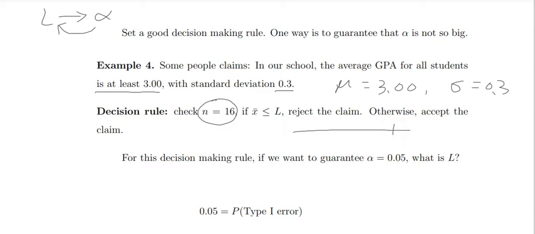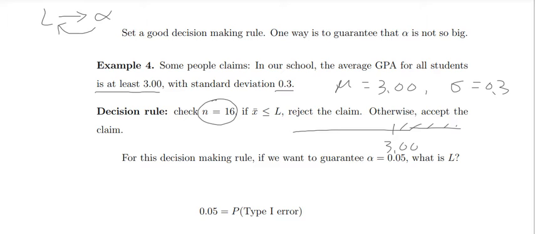Then we want to make a decision making rule. So here is 3.00. We say a high GPA is good, so in this part we will accept. We say, oh, GPA is good.